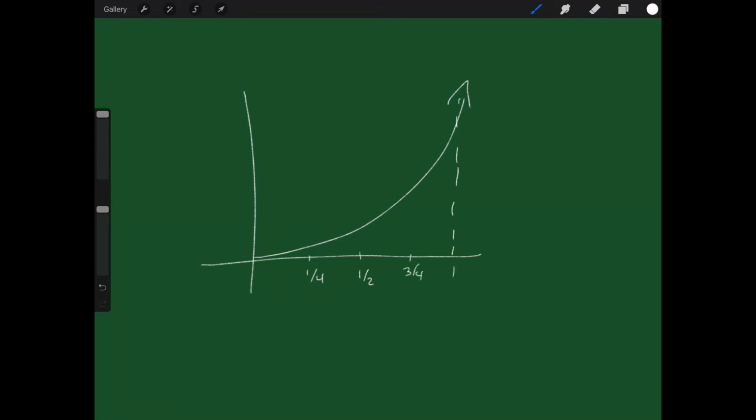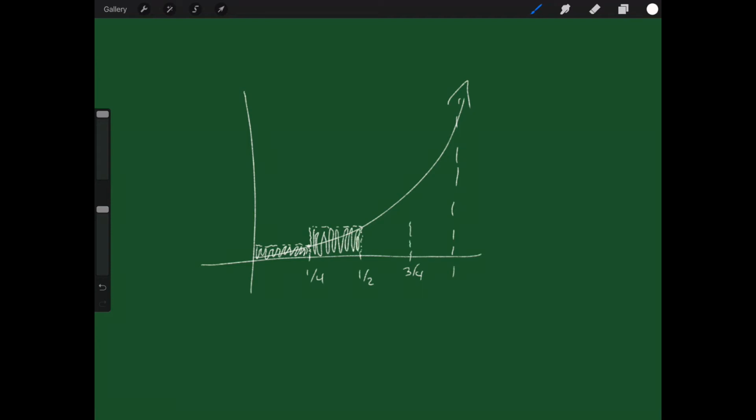Okay, and so what I'm going to do is use a rectangle at each of these points, and at 1/4 I'm going to go up to this point, and that's going to be my rectangle. So I get a little rectangle here. At 1/2 I'll go up to the functional value at 1/2, draw a little rectangle, and then fill this in, and I get my second rectangle.